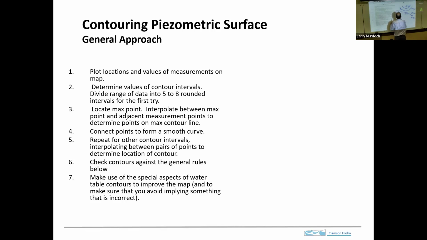So the 40 is going to be like that, up from 38 and up from 35 and between 30 and 50. And then we can also draw in a 30 contour, like this.